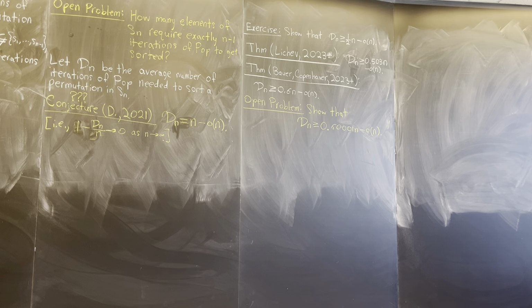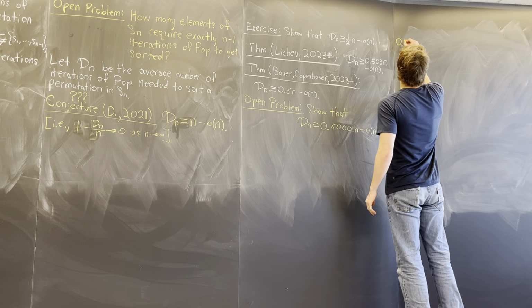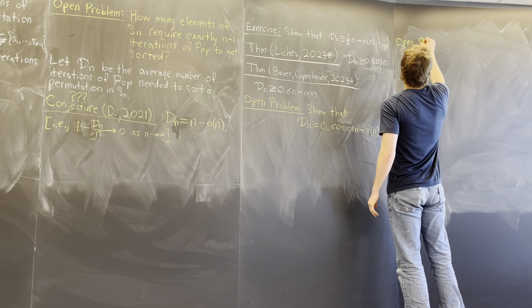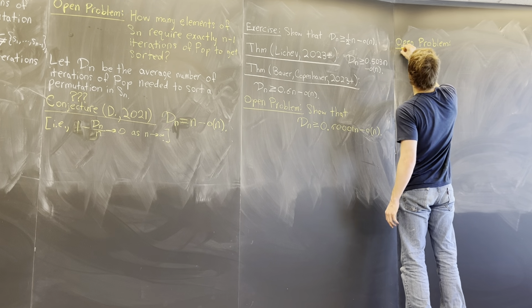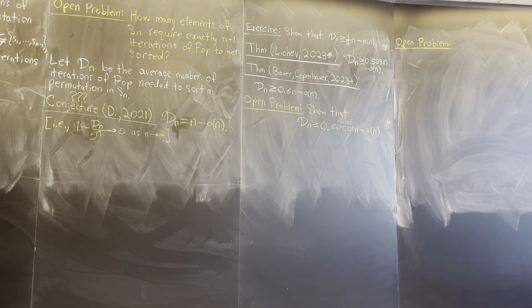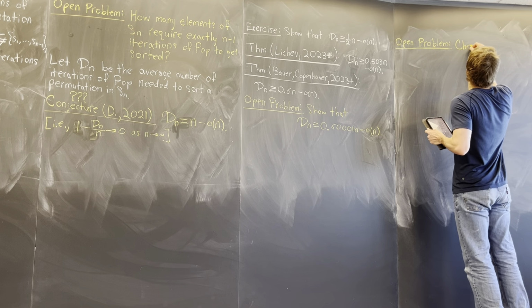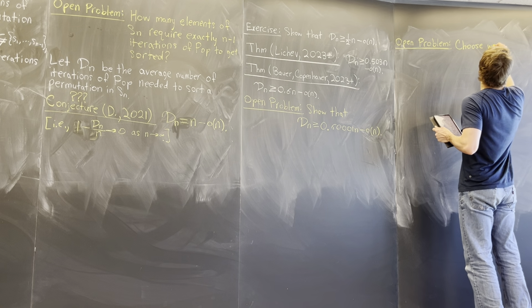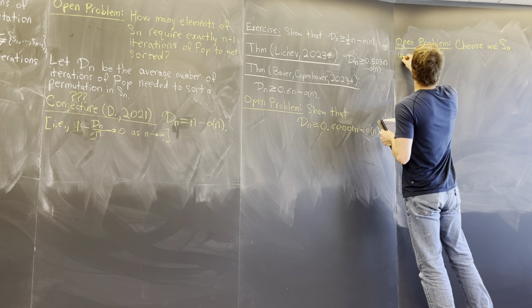Okay, let me mention one other open problem, which I think I also put on the PSET. But this one falls into the category of, I don't know if anyone's looked into this really. Maybe they have, I'm not sure. So suppose we choose w in S_n uniformly at random.